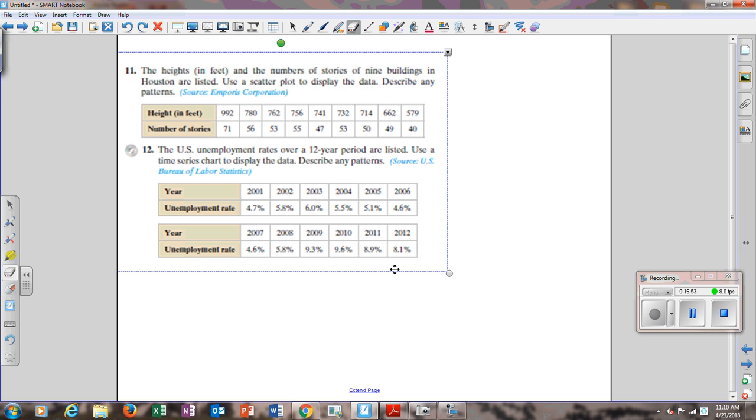Okay, the height in feet and the number of stories of 9 buildings in Houston are listed. Use a scatter plot to display the data, describe any patterns. So, literally just drawing a scatter plot.